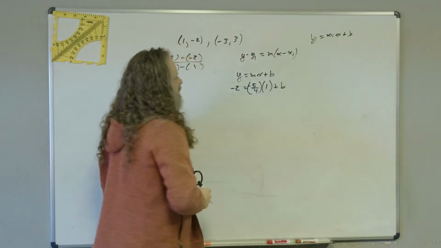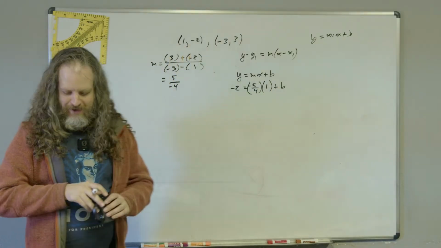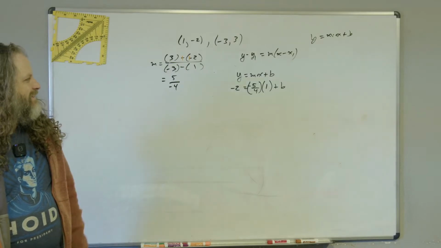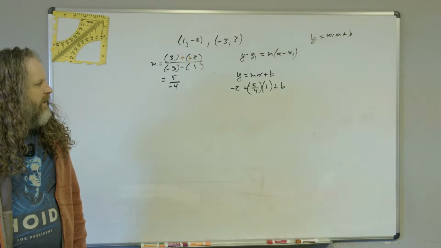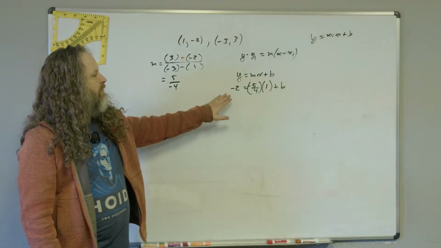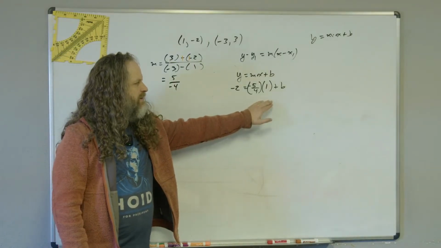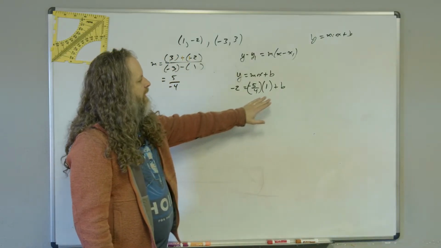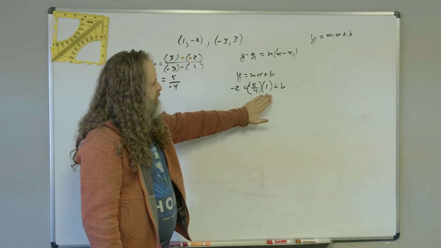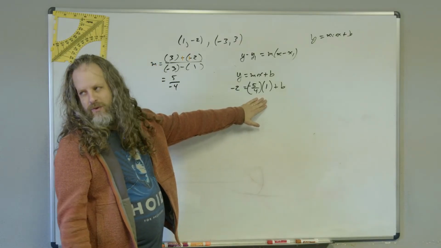Now what? A mistake I saw on a couple of papers is we moved the -2 over for some reason. Probably because we're used to seeing the variable on the left. But we're trying to get the stuff off of the b. So you multiply 1 times -5/4, which of course is -5/4.